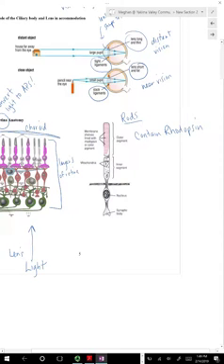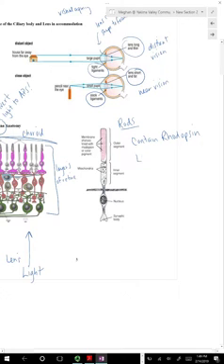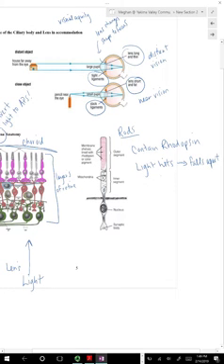And rhodopsin is a really important molecule because when light hits rhodopsin, it falls apart. What it falls apart into are two different molecules. One of them is called retinol, and the other is opsin.